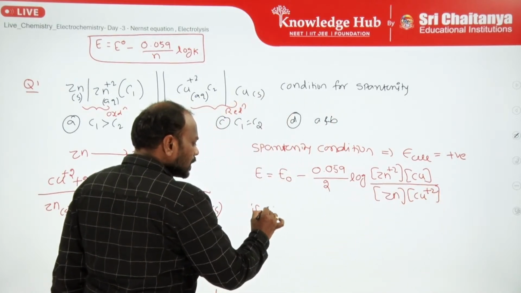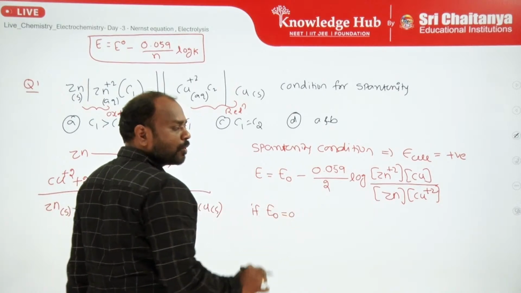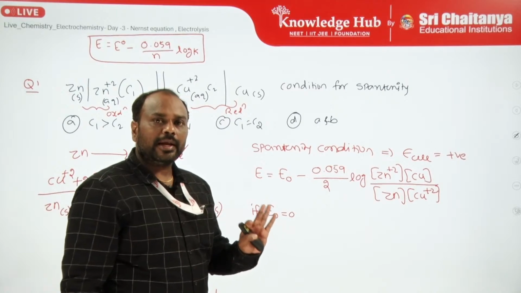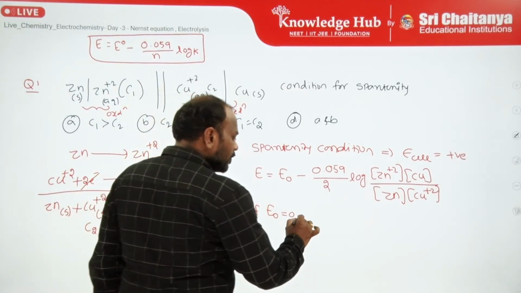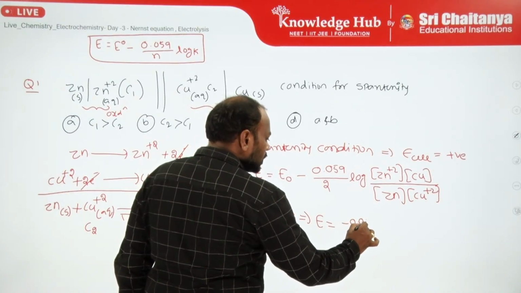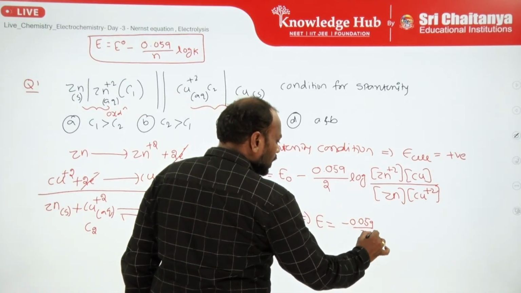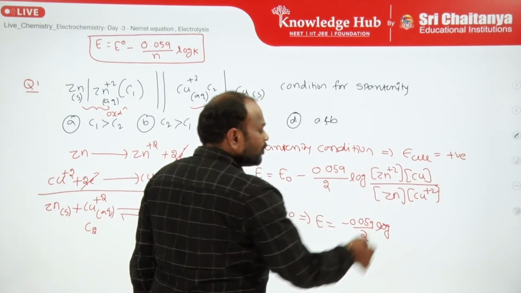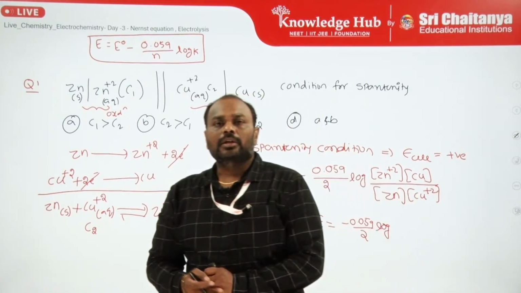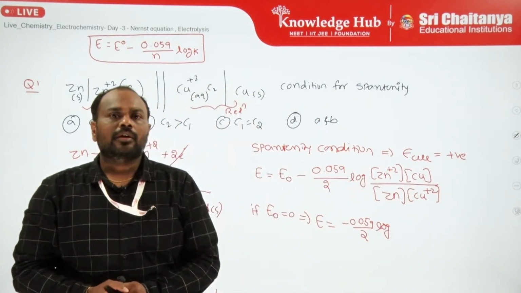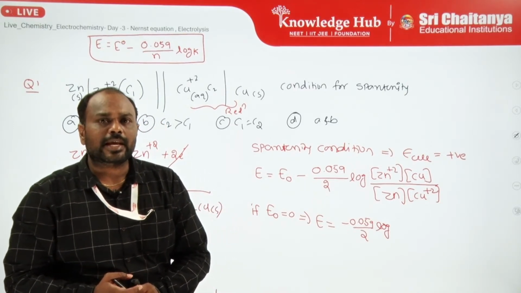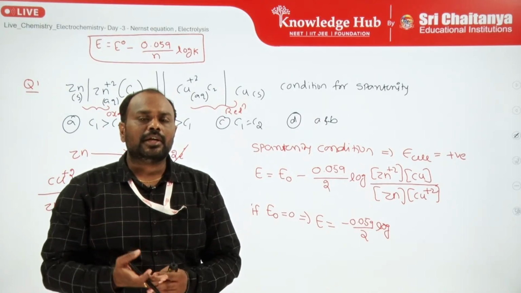Suppose the standard electrode potential value E naught is taken as 0. Then E is equals to minus 0.059 by 2 log. Here copper and zinc are both in solid form. For solids, and pure liquids like water, the concentration is always taken as 1 because their densities don't change.